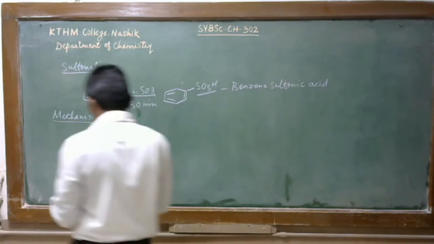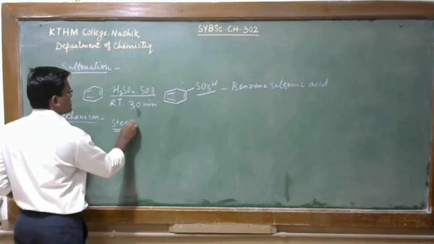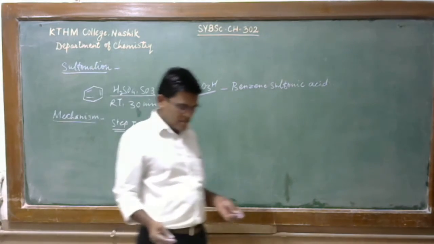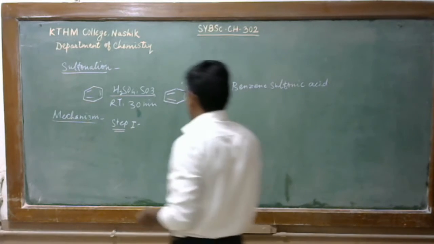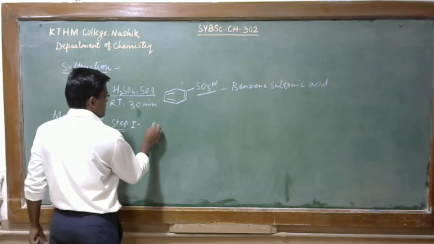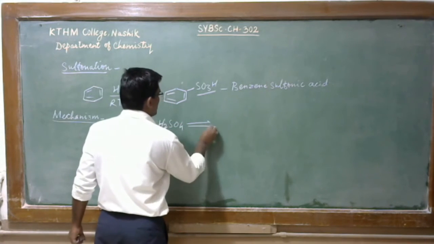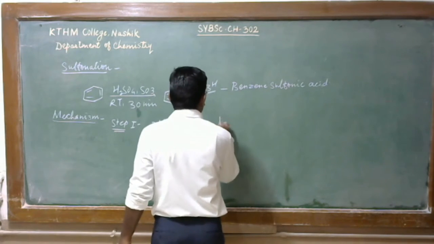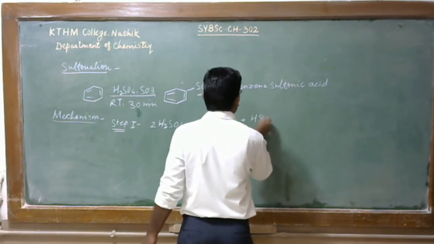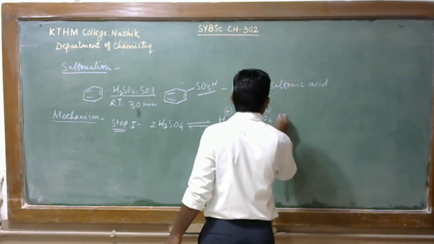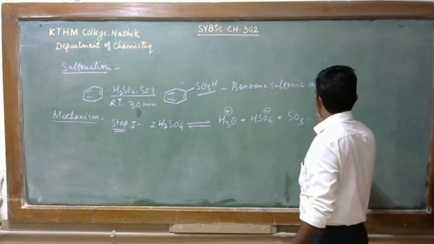In step 1, this sulfuric acid, H2SO4, will generate the electrophilic SO3. Okay, this is the electrophile.